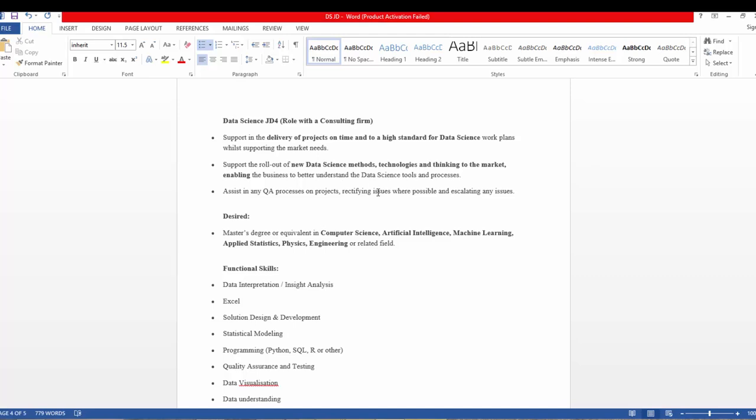In such companies, the job description is something that might scare you, because they will specify every bit of skills. So do not worry that you are not comfortable with all the skills. If you know 60-70% of the skills mentioned in the job description, then they will shortlist you and give you a chance for an interview.